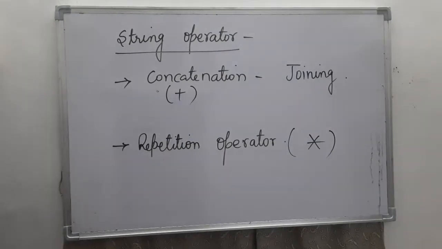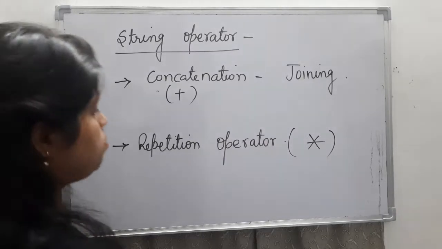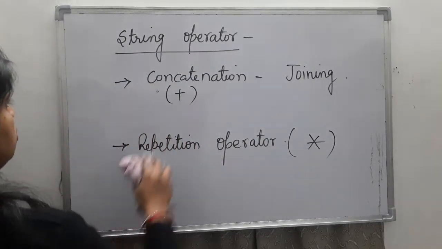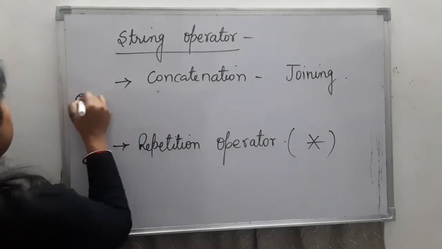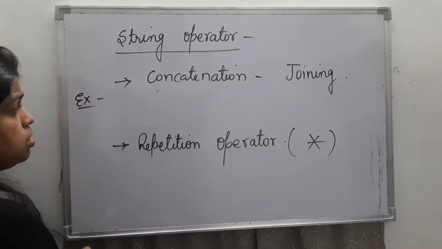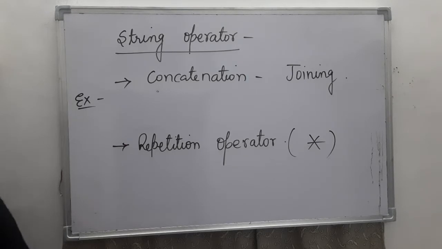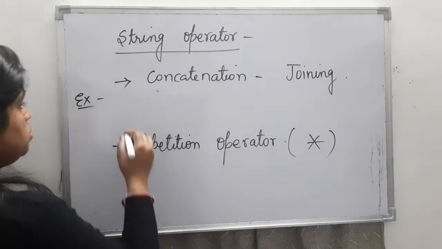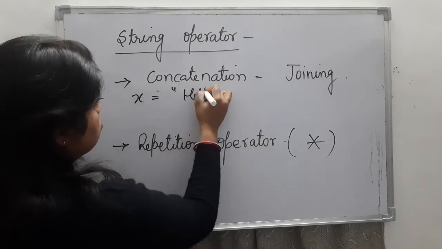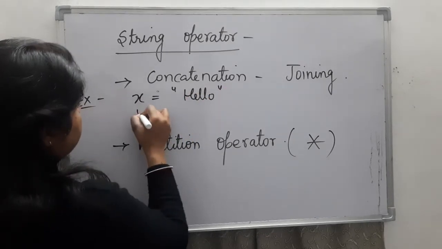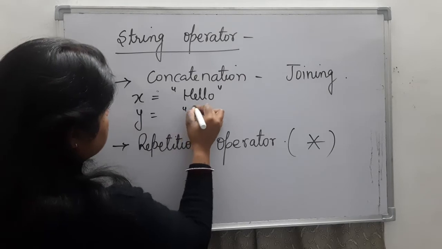I am going to show what it displays when you use these operators. Here is an example of concatenation. Suppose you take a variable x equal to hello, and y equal to Python.